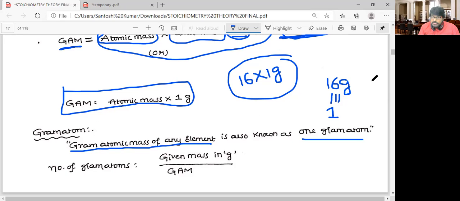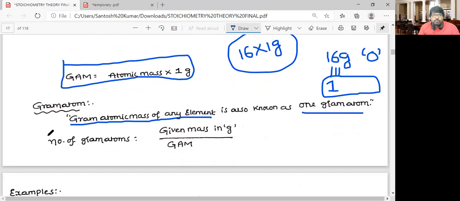In place of 16 grams of oxygen, you can write 1 gram atom of oxygen. Calcium, if you take gram atomic mass of calcium is 40 grams. 40 grams of calcium is equal to 1 gram atom.